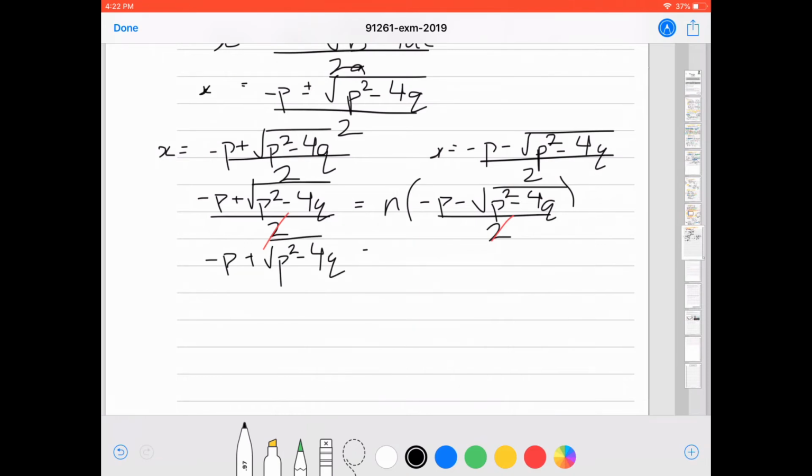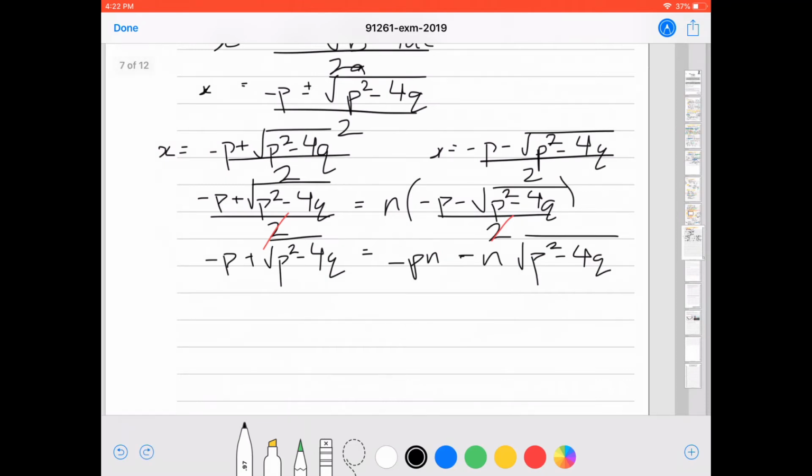And let's multiply through by n on this right-hand side. So minus np, or should we say pn, minus n times square root p squared minus 4q. Hopefully that makes sense. And this is not over 2.